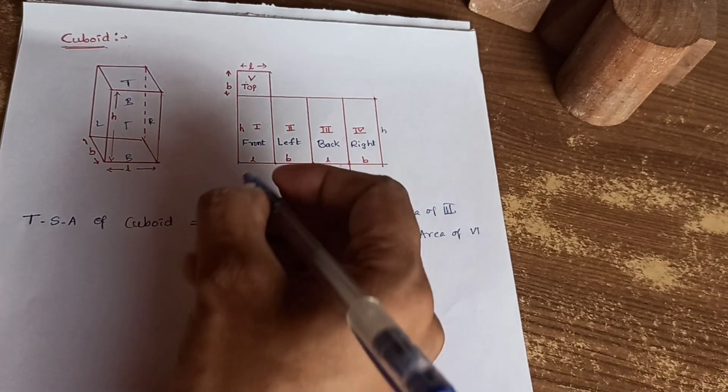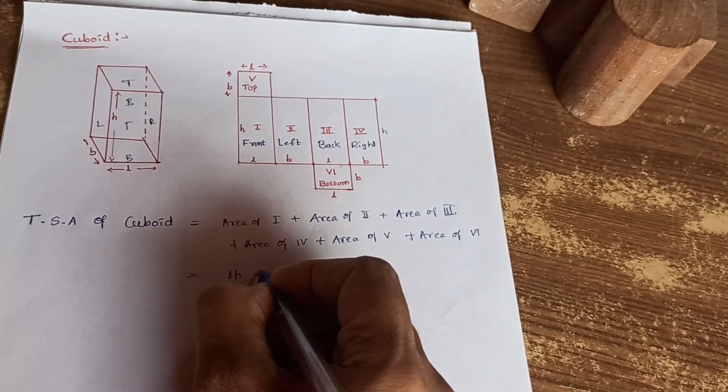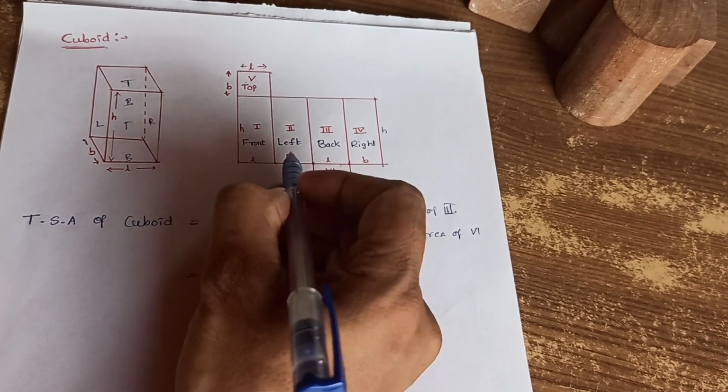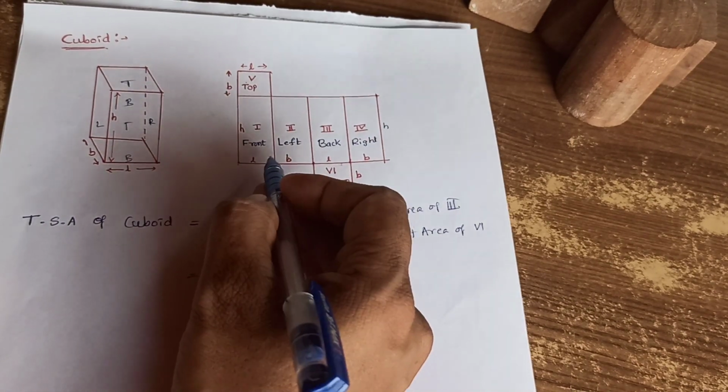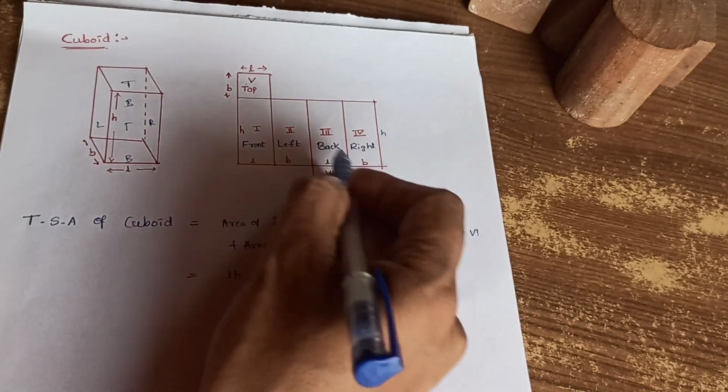So area of 1 is L into H, plus B into H. This is B into H. So L into H, B into H, L into H plus B into H.